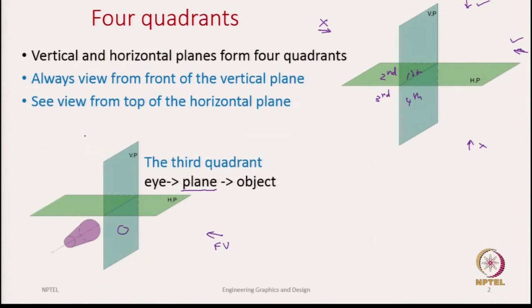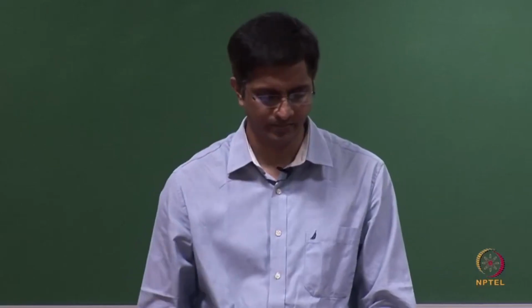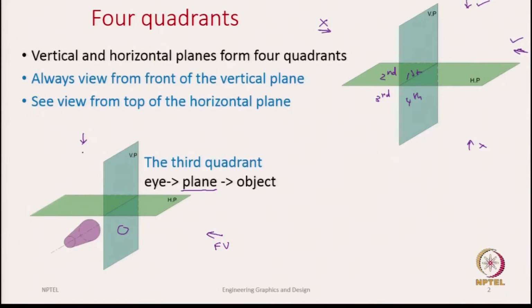Now, to capture the top view, the second rule says you should be looking from the top of the horizontal plane. Again the projection plane falls in between the observer and the object, so you will capture the view somewhere here.